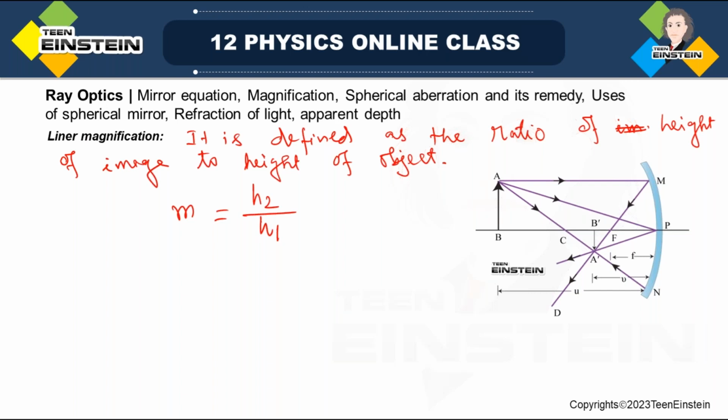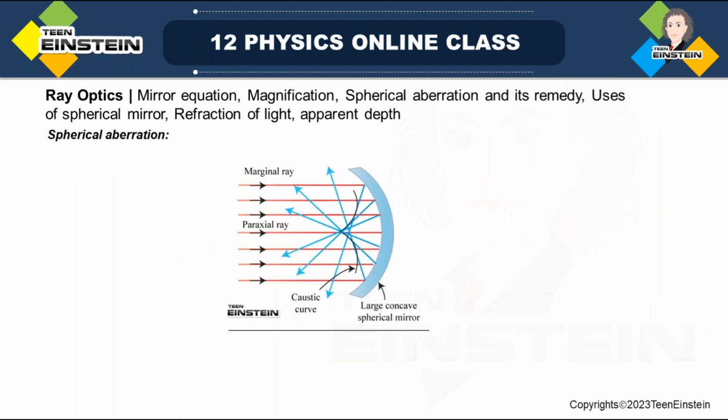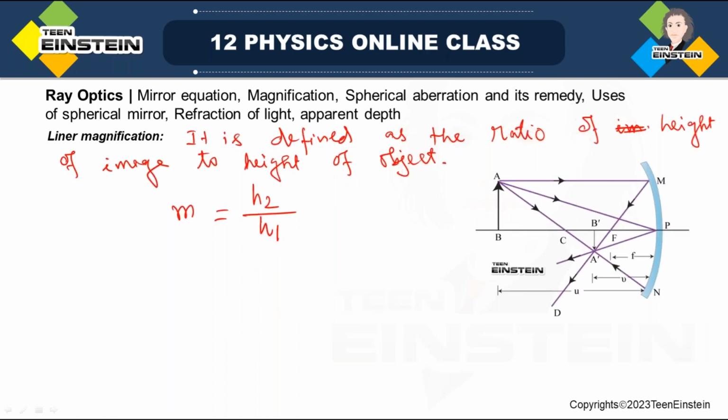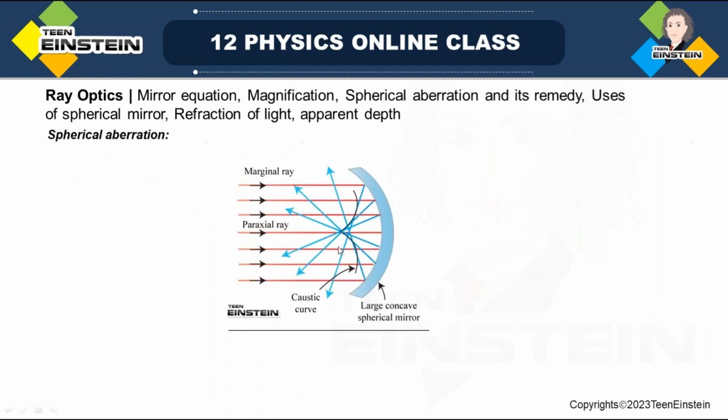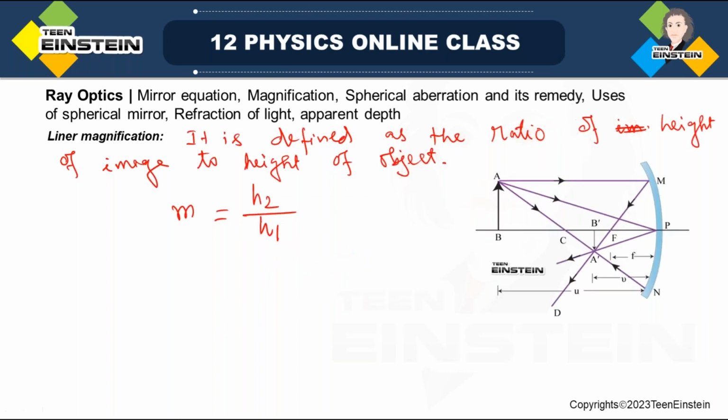Is there any way to find the linear magnification without measuring the height of the object and the height of the image? The answer is yes. Linear magnification can be expressed in terms of object distance and image distance. Let us see how we can do that.